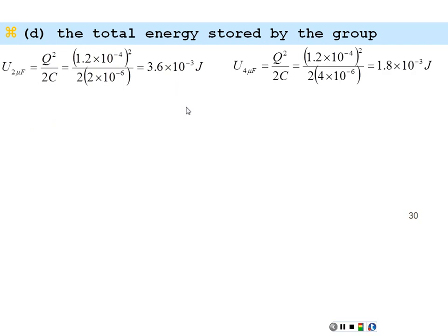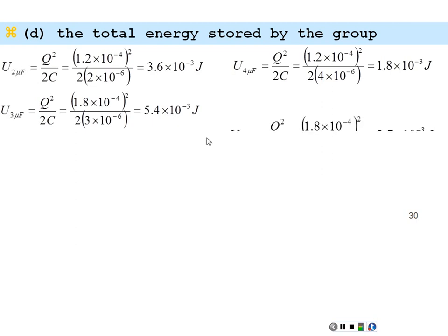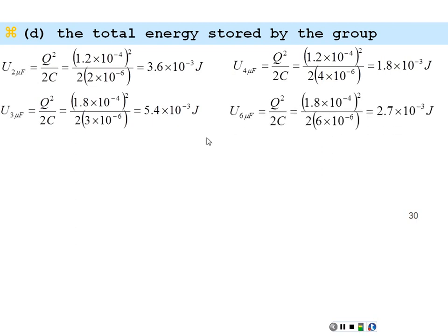For the 4 microfarads, its charge, 1.2 times 10 to the minus 4, squared, over 2 times its capacitance, 4 microfarads, 1.8 millijoules. Q squared over 2C for 3 microfarads gives us 5.4 millijoules. Q squared over 2C for the 6 microfarads gives us 2.7 millijoules. So those are the energy stored in each capacitor.